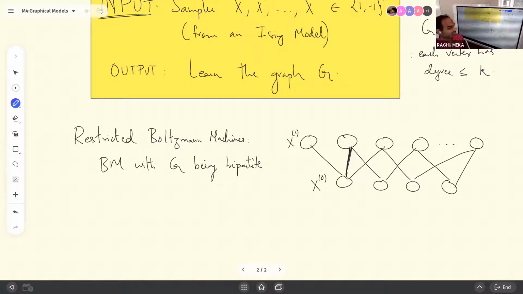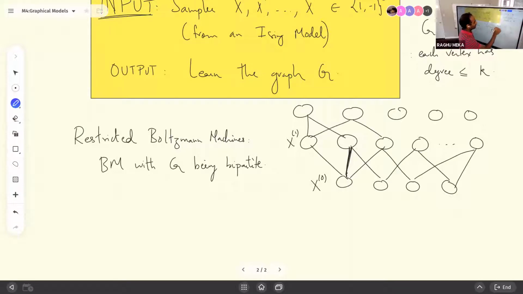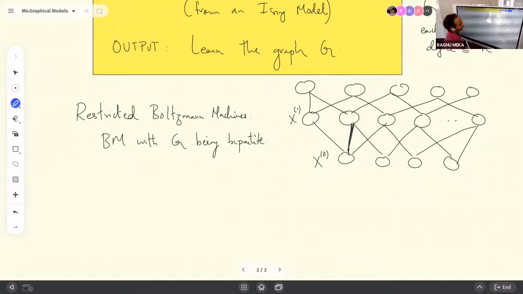So what they did was suppose that you can stack these Boltzmann machines one on top of the other. Now suppose I have multiple layers like this, and I assume that somehow any two consecutive layers, their distribution is like a Boltzmann machine.